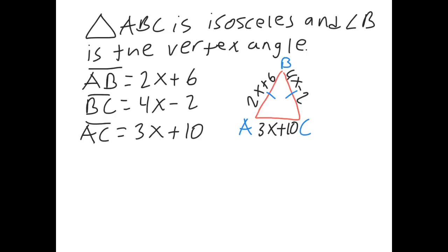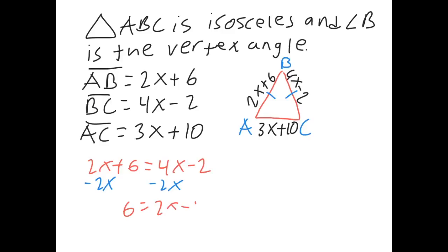So we have 2x plus 6 equals 4x minus 2. Let's subtract 2x from both sides to get them together. Gives us 6 equals 2x minus 2.